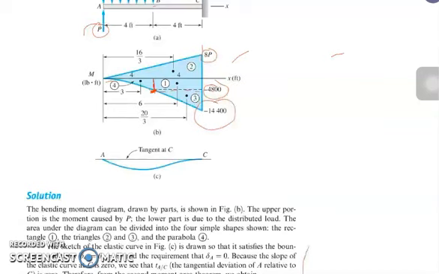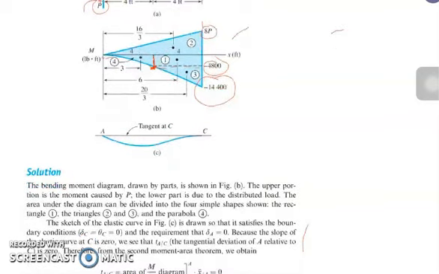From the bending moment diagram, we choose point A as our reference point, because we're going to have the tangential deviation at point A with respect to C. So the tangential deviation at point A with respect to C means this will be our reference point. So we're getting the value of the distance from the centroid towards point A.